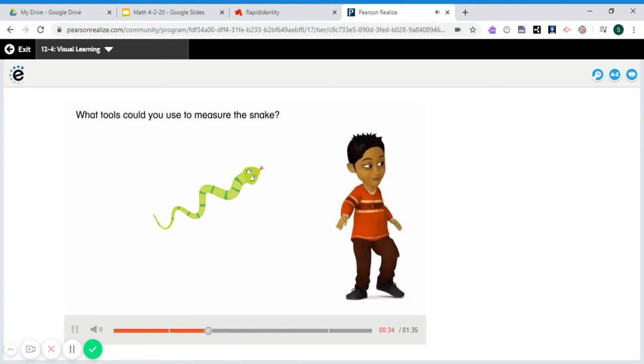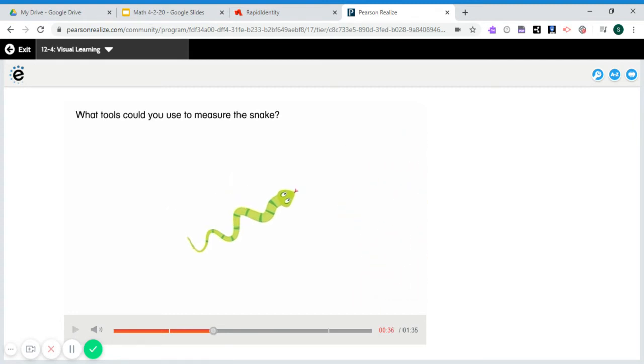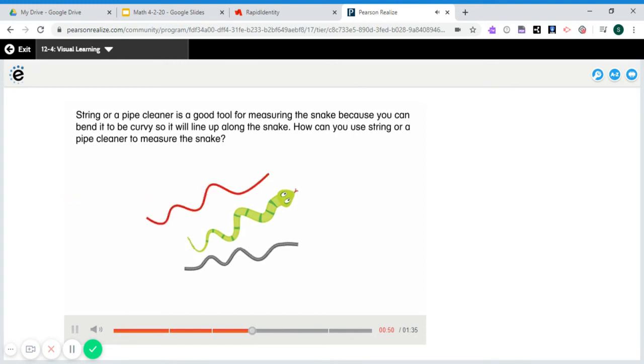What tools can you use to measure something that is not straight? You can use string, a pipe cleaner, or something else that bends. Why is string or a pipe cleaner a good tool for measuring the snake? String or a pipe cleaner is a good tool for measuring the snake because you can bend it to be curvy so it will line up along the snake. How can you use string or a pipe cleaner to measure the snake?